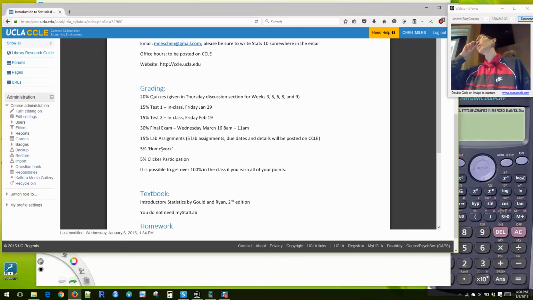On CCLE, I'll have homework problems listed from the textbook. I'm not actually going to collect homework, all right? The homework is assigned for you to do and learn from. I will put the homework problems up. I'll also try to put solutions up for all of the homework problems I assign. But they're there for you to do and learn, okay?